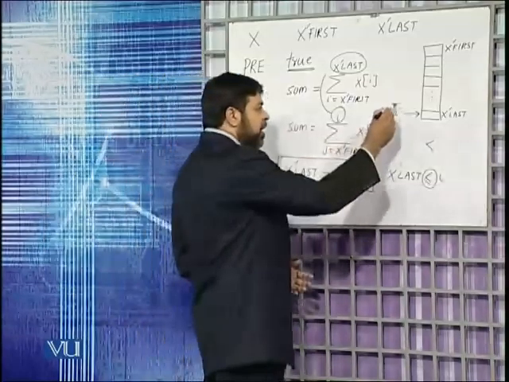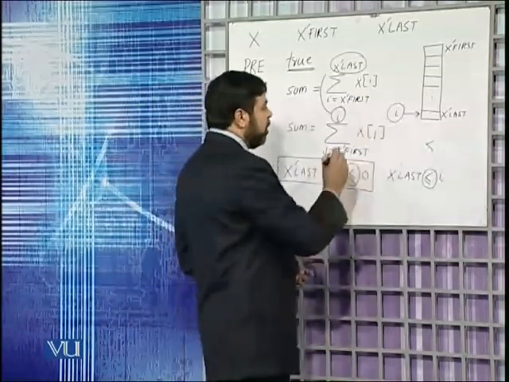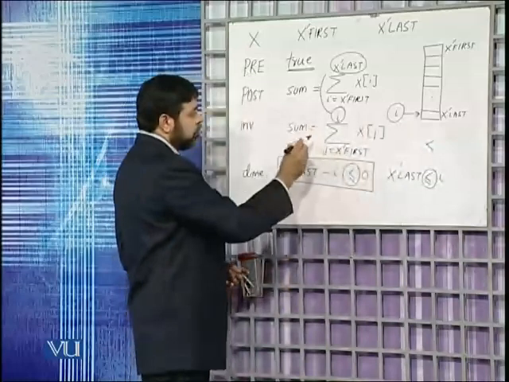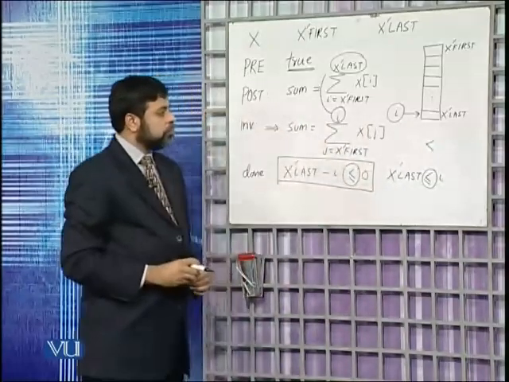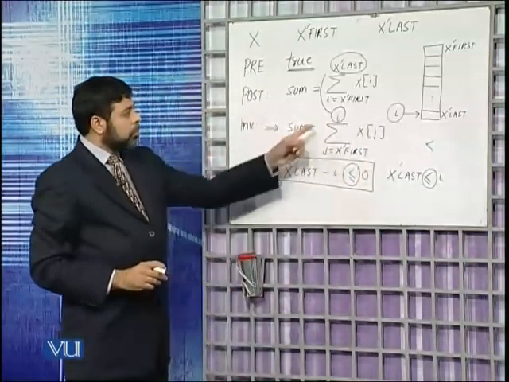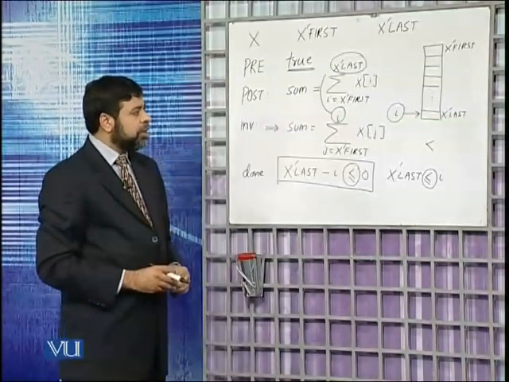When the value of I is here, that means I still have to, now looking at this condition, invariant condition, I have to find out what is my invariant condition.